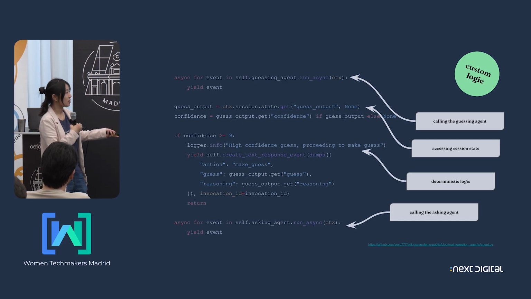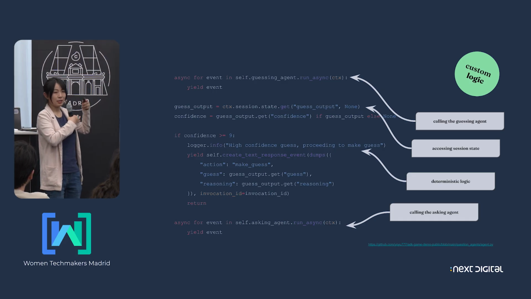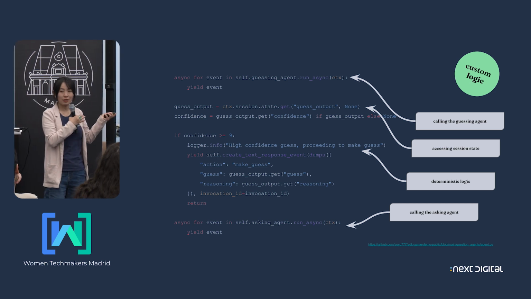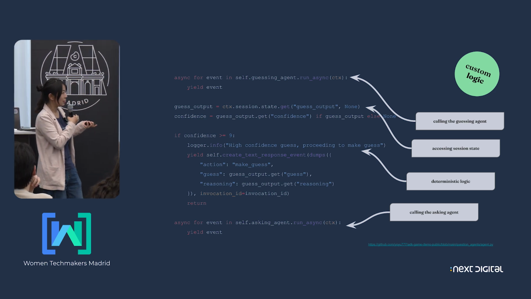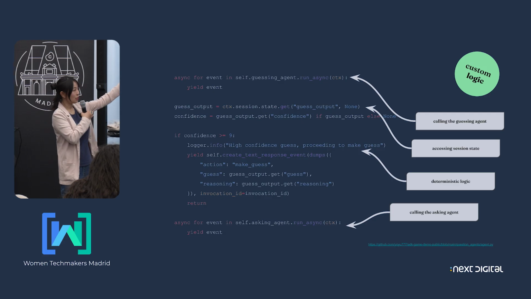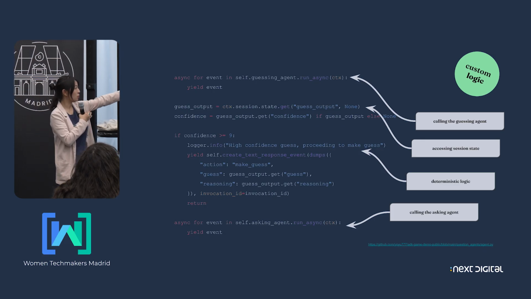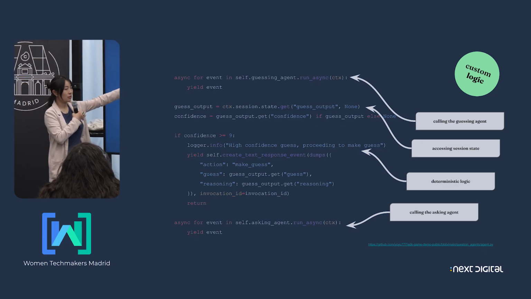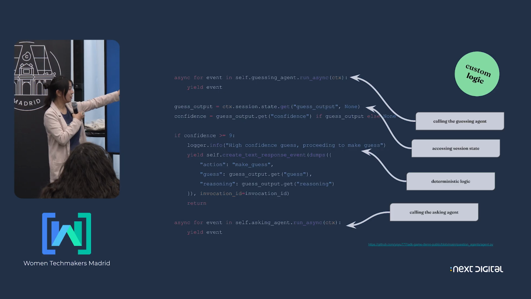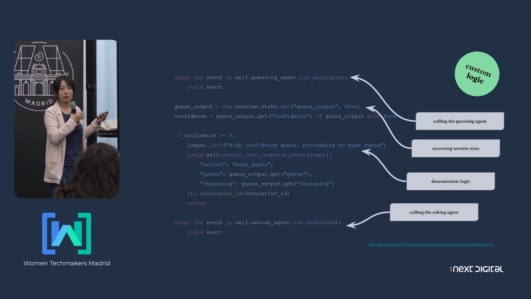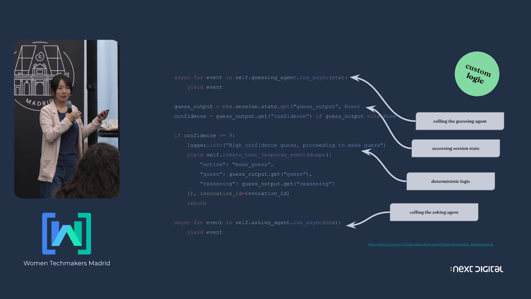So this is my custom logic that links the guessing agent and the question agent together. Basically, I'm going to call the guessing agent first, and the guessing agent should produce a confidence score. If the confidence score is over 9 out of 10, I think, okay, the guessing agent is confident enough, so let's make a guess.